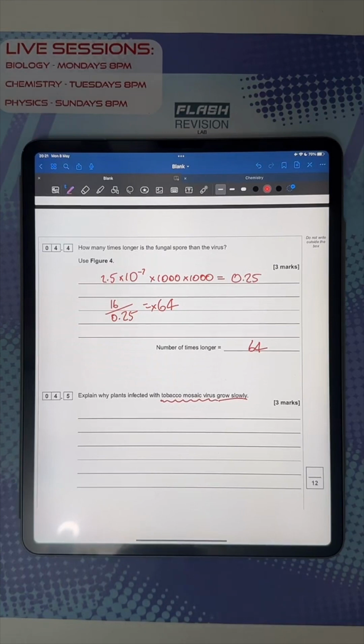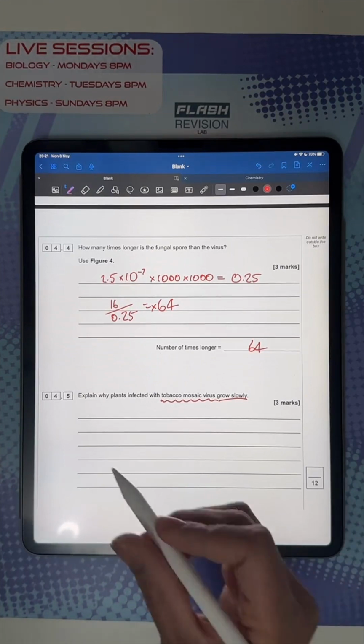Why does less glucose mean they grow less? Because glucose is, the first thing you think of when you think of glucose is energy, isn't it? Yeah, exactly. Less amino acids. If there's less glucose, there's less amino acids made, because the plants get the glucose and they make amino acids out of it, and then they make proteins. And proteins is what makes things grow. So that's the last mark.